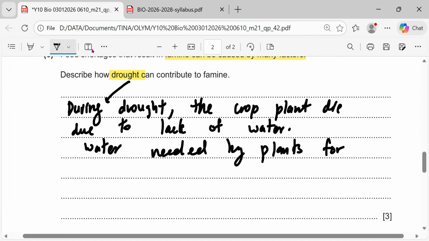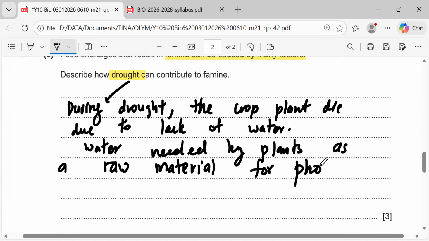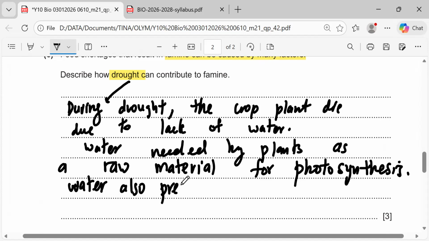Sorry, needed by plants as a raw material for photosynthesis. Okay. Water also prevents plants from wilting, when they're drooping. Yeah, that's it.